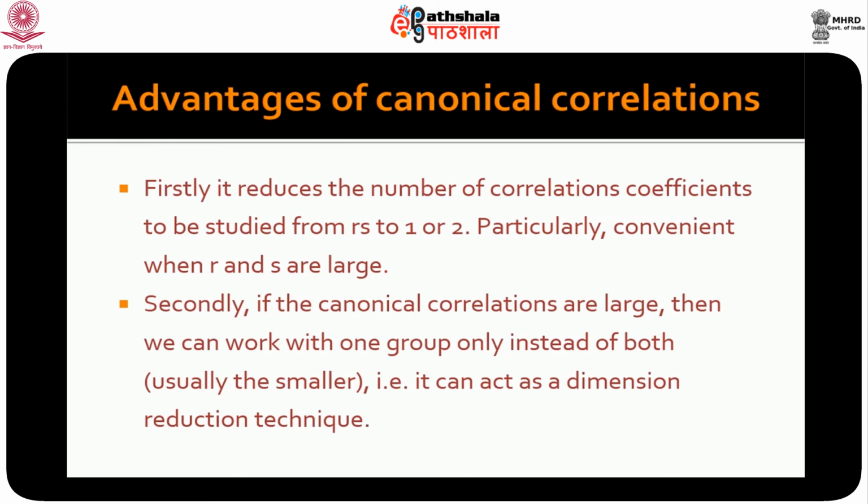So, that will also help us in some ways to choose a smaller set of variables to work with by discarding the larger set, and since they are highly correlated, the results come out to be similar. So, it can also be used as a dimension reduction technique. So, these are several ways that we can use canonical correlation methods in analyzing a given data set.